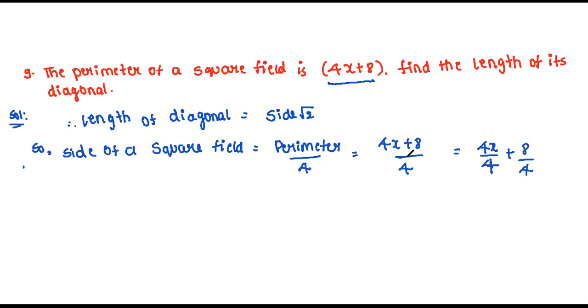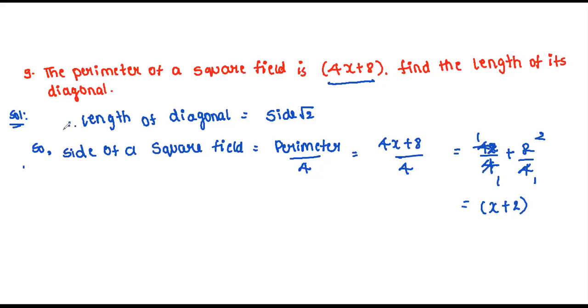I'm just expanding this and writing it. 4x over 4, 8 over 4. This is how you have to write. 4 ones are 4, 4 twos are 8. So now you have got x as it is, and x plus 2.